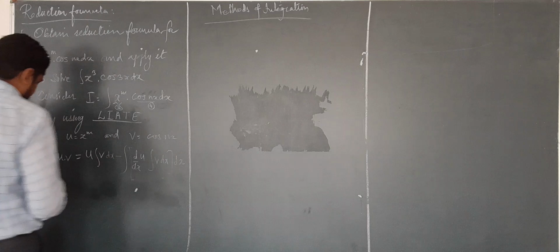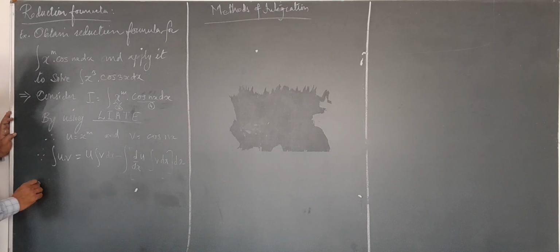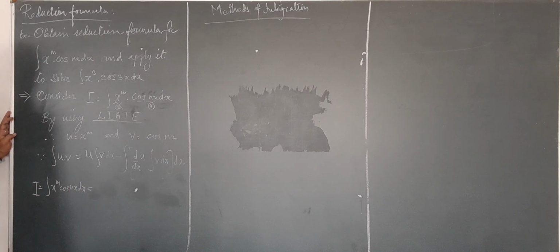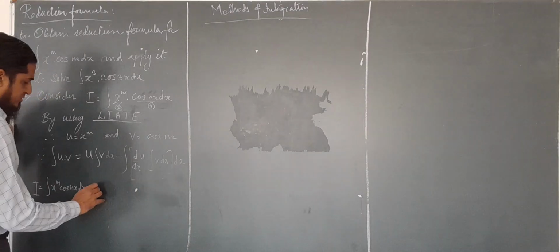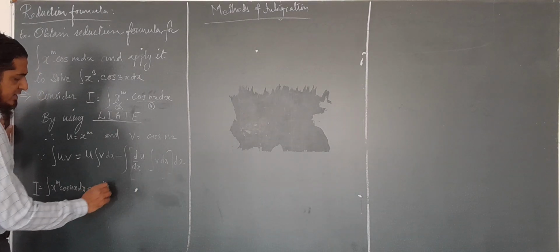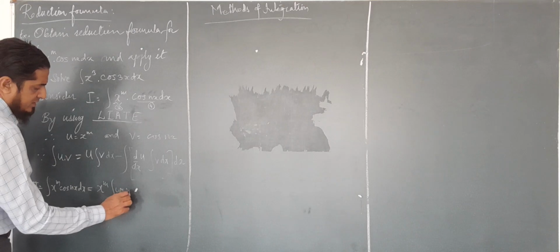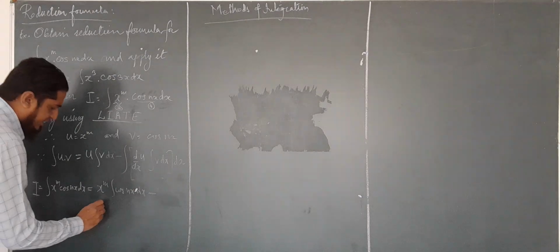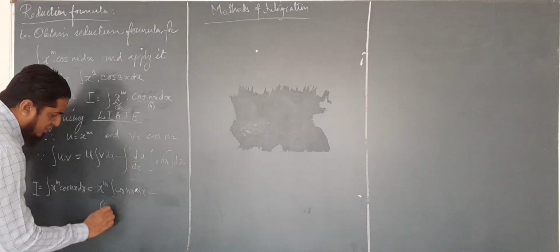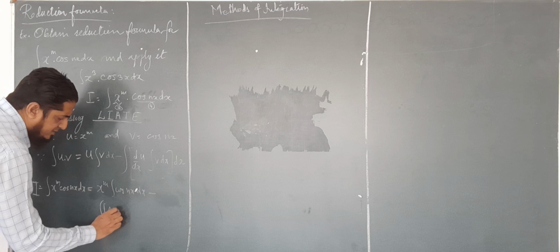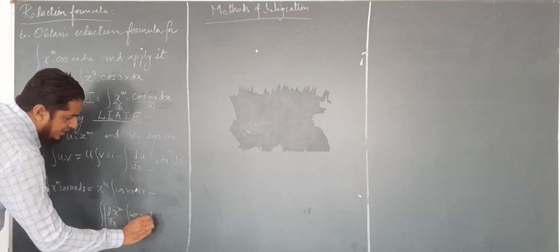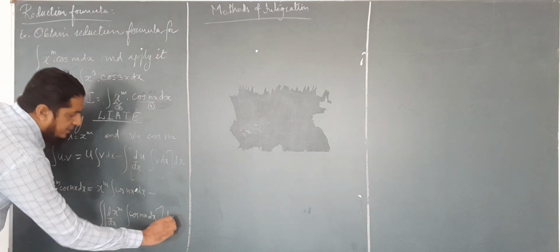So we can put I equals integration of x raised to m cos nx dx equals, taking x raised to m as u outside, integration of cos nx dx, minus integration of differentiation of x raised to m into integration of cos nx dx, and dx.